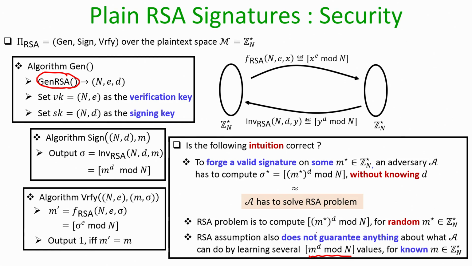And by seeing a polynomial number of values of the form m to the power d modulo n, where m is known to the adversary, the goal of the adversary is to come up with a forgery, namely m star raised to the power d modulo n. So, the RSA assumption does not guarantee anything about how hard or how easy it is for an adversary to come up with a forgery, given that it has seen the signatures, namely the output of the RSA function, for several m of its choice in the past.